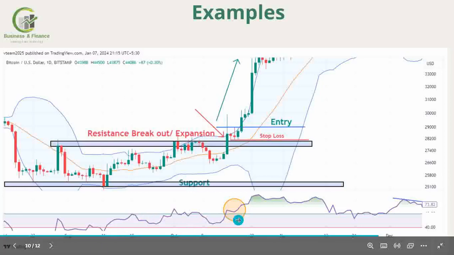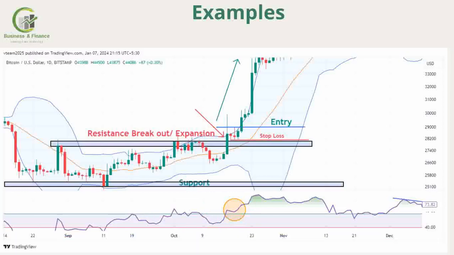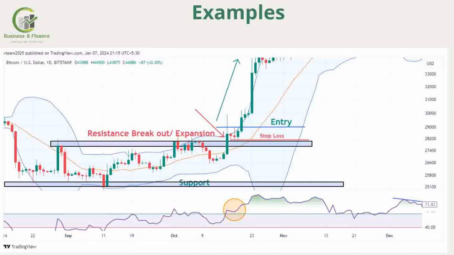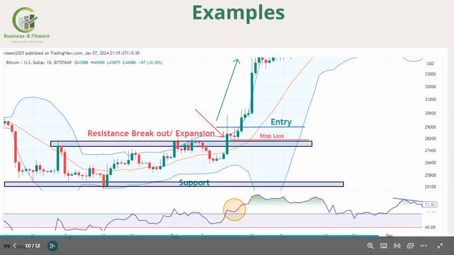And here also you can see that the RSI indicator has given the indication that the market is gaining this trend. As we have already discussed in earlier videos, if you have not gone through all those videos, please do visit my channel and watch them. Master these few indicators. As we know, there are thousands of indicators and strategies, but you should focus on only a few indicators, and you have to master them.